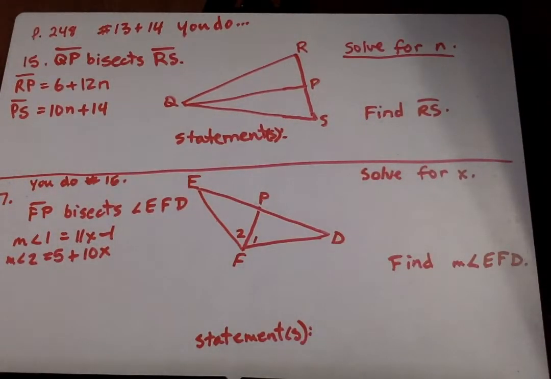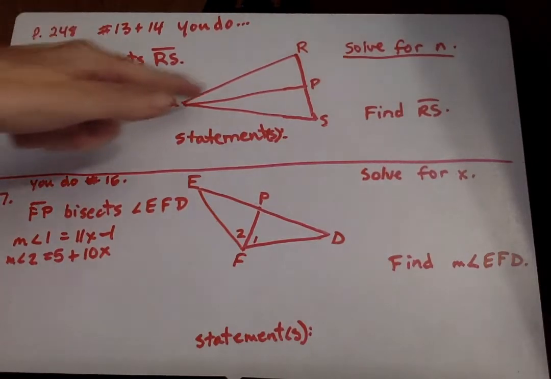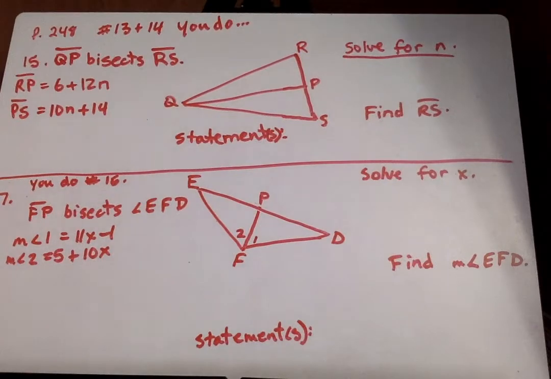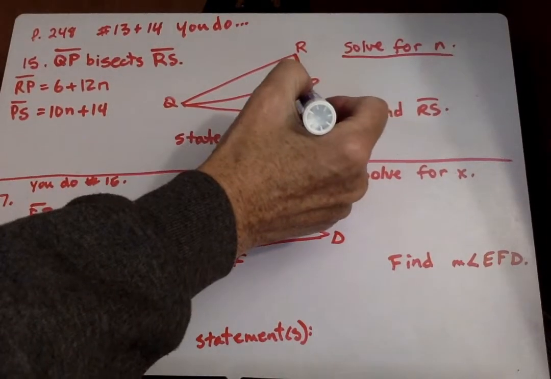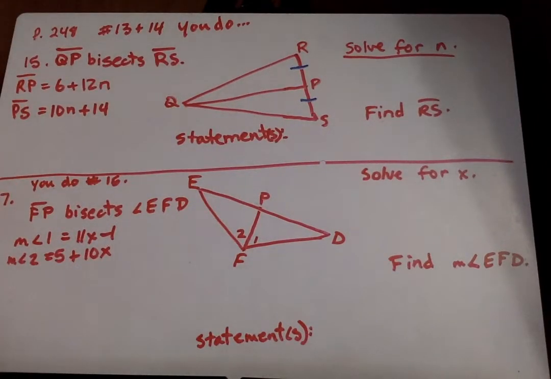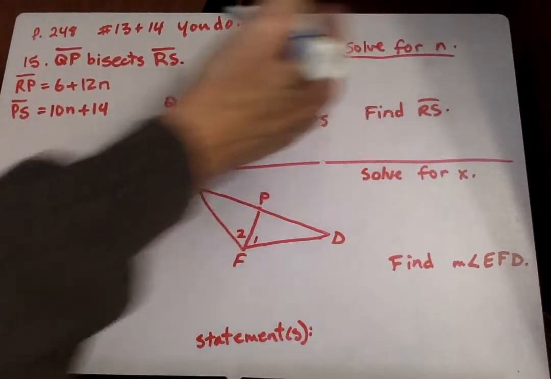Okay, number 15, QP bisects RS. Here we have RP and PS are these two. So QP, this line, bisects RS. That means that this line segment and this line segment are congruent. So RP is congruent to PS, so I can set this equal to this and solve. It says solve for n.